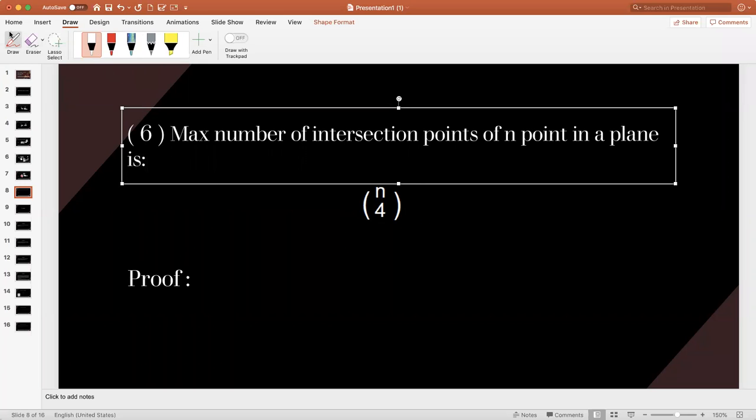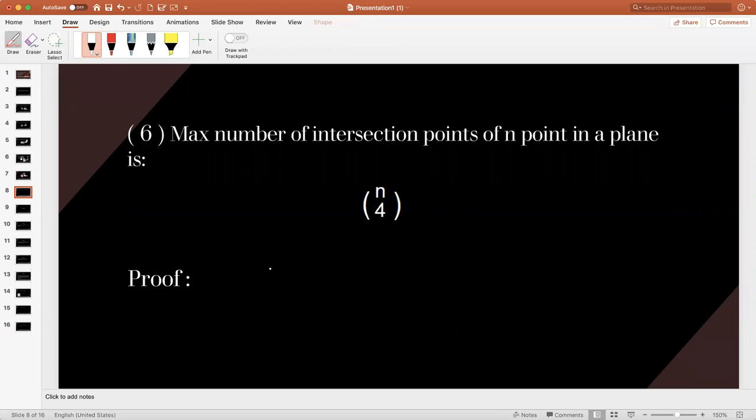So the maximum number of intersections of n points in a plane is n choose 4. Let's start off with this idea. To create one line, we need 2 points. And then to create 2 lines, we need 4 points right here.